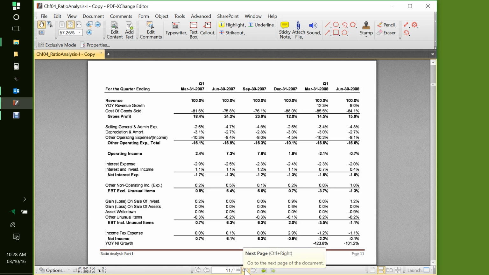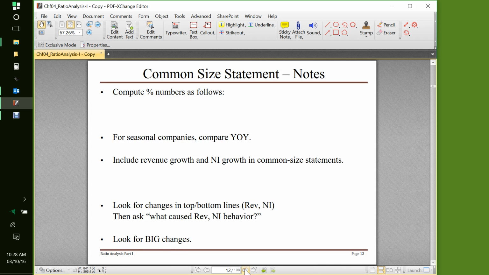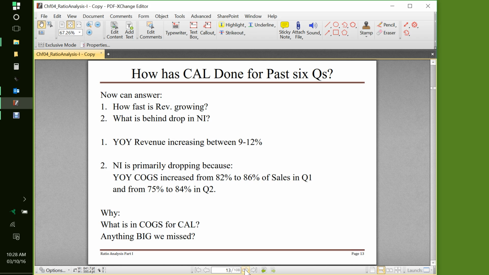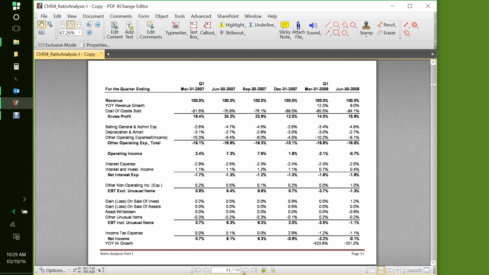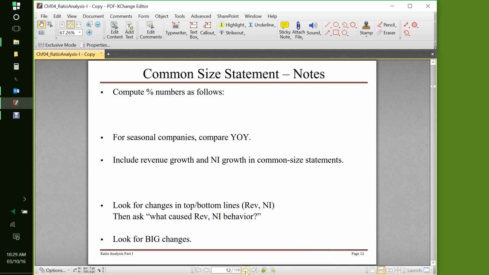And that's about all as far as I'm going to go with this. So I am not going to hold you responsible for the information about common size statements. I want you to be aware of them because you will see them throughout your careers in finance, and I want you to understand what they are.